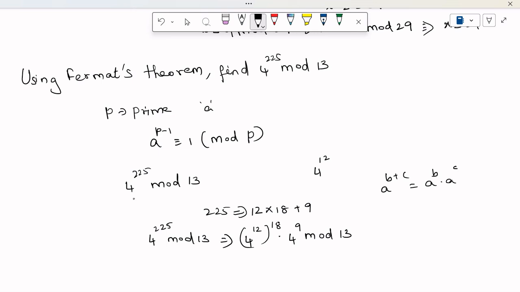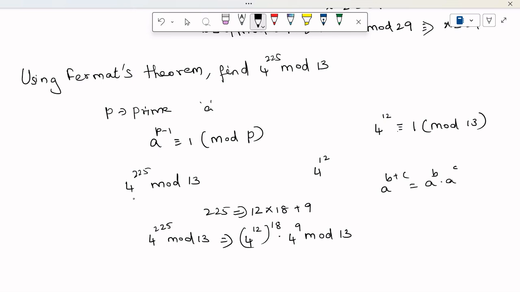Now what is 4 to the power of 12? By Fermat's theorem, 4^12 is congruent to 1 mod 13. So we have already calculated this value with the help of Fermat's theorem.